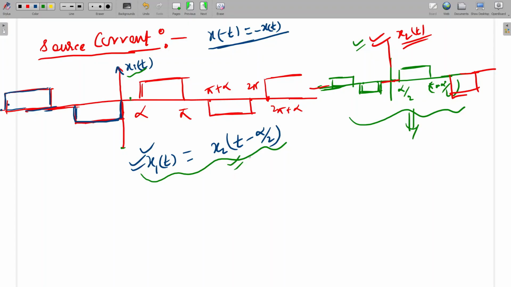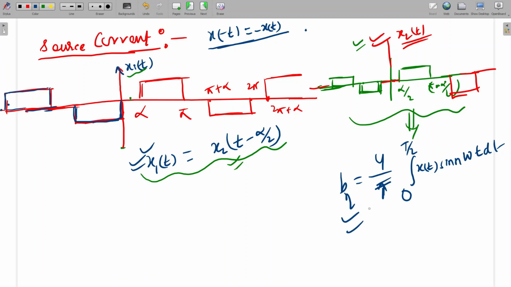So I'm going to write the Fourier equation, and the Fourier will also be simpler. 4 by T, 0 to T by 2, x of t sin n omega t dt, that is bn. An will be 0 since it is odd, so only bn will be there, and bn also, if it follows half wave and odd symmetry, the formula will be 4 by T, 0 to T by 2, x of t sin n omega t dt.